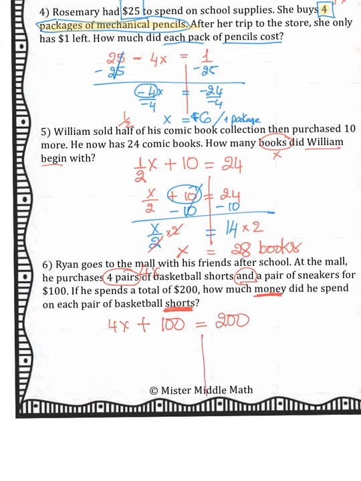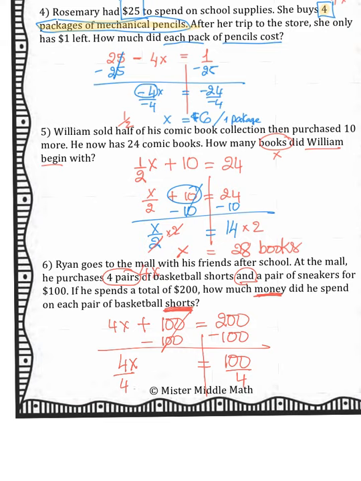So first I need to take away 100 on both sides. We take away the $100 of the shoes. We have 4x. 100 minus 100 is 0. So 200 minus 100 is 100. You divide by 4 on both sides.